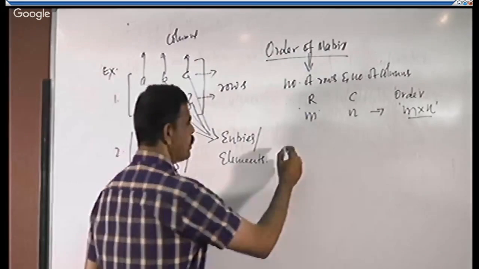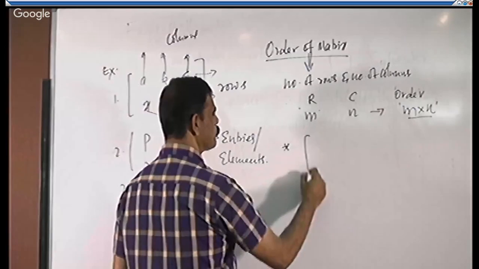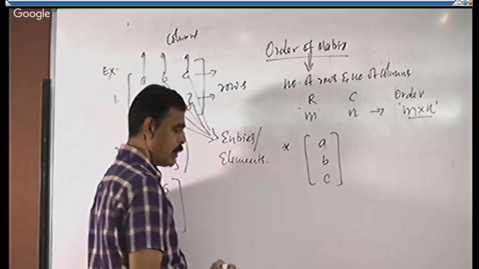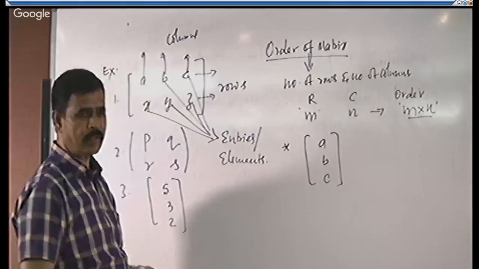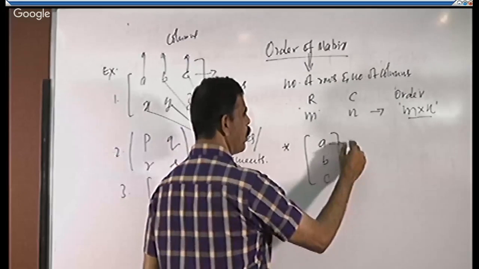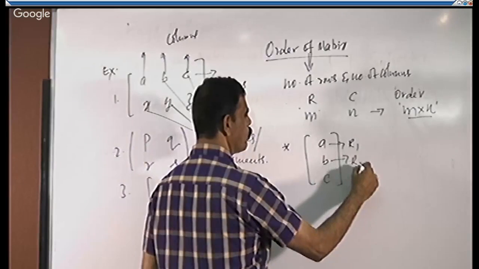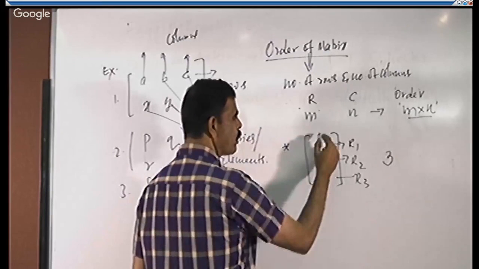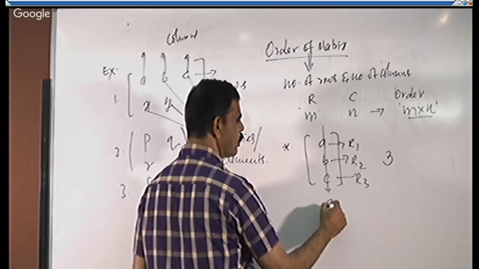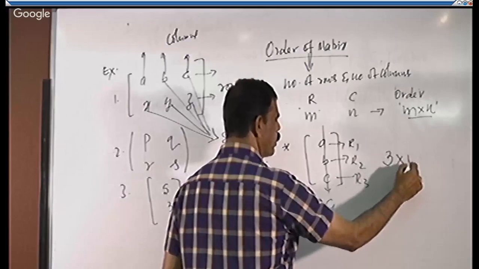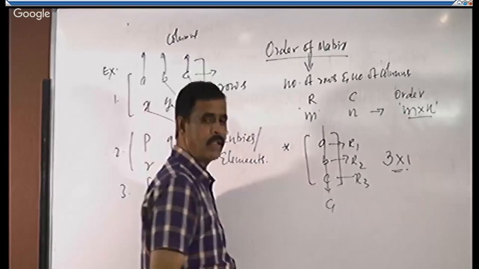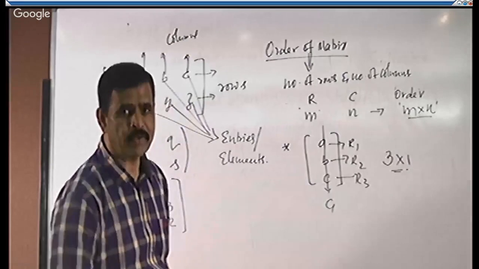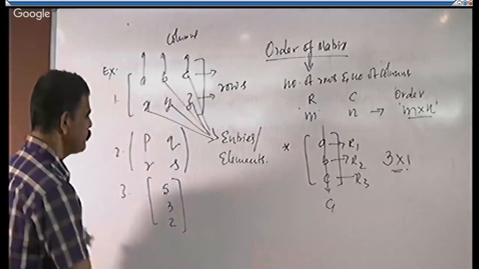Take this example: A, B, C. It is a matrix. How many rows are there? Row 1, row 2, row 3. 3 rows. How many columns are there? Only 1 column. Therefore, it is a matrix of order 3 cross 1. This is the order of a matrix, right?